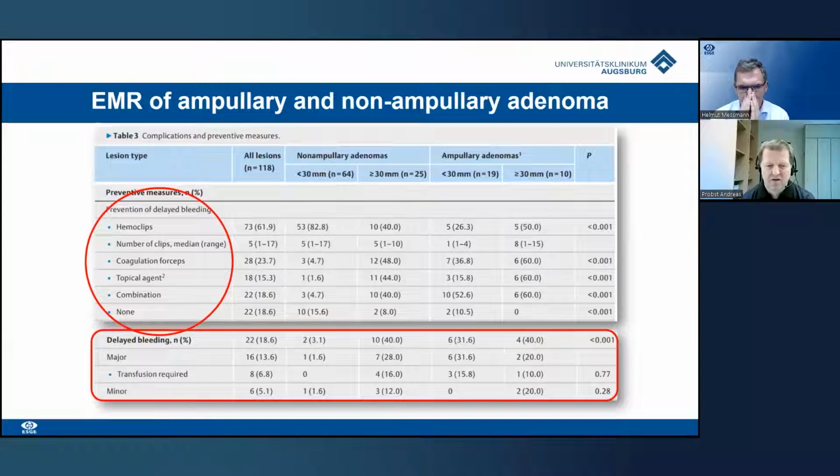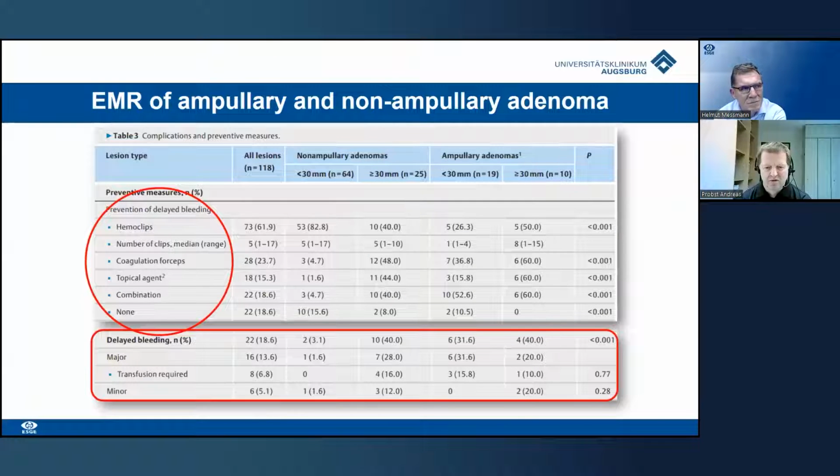In our patients we performed clipping in more than 60% of the lesions, coagulation in 24%, and we used topical agents like Hemospray and PuraStat in 15% of the patients. Only less than 20 patients did not receive anything, and these were mostly small lesions, less than 1 centimeter. The big lesions all received preventive measures.